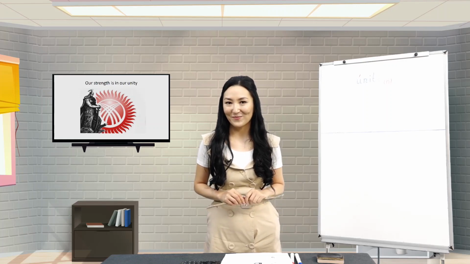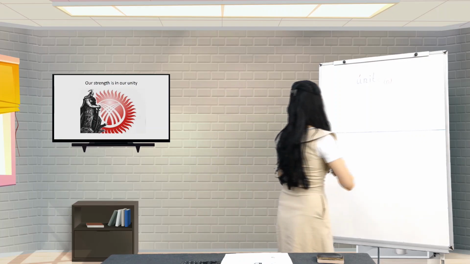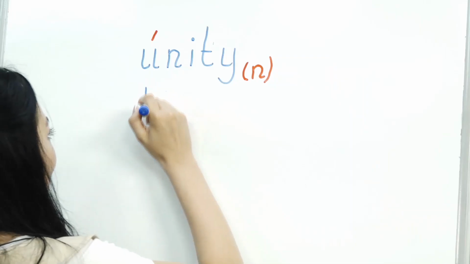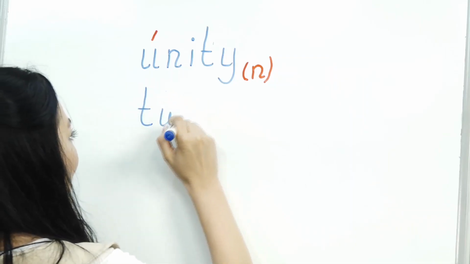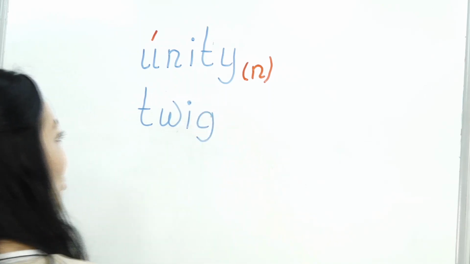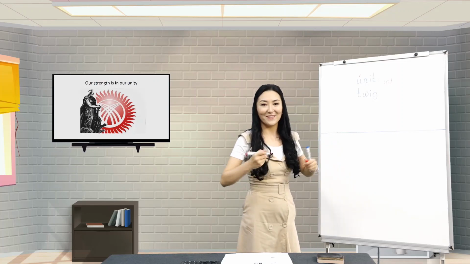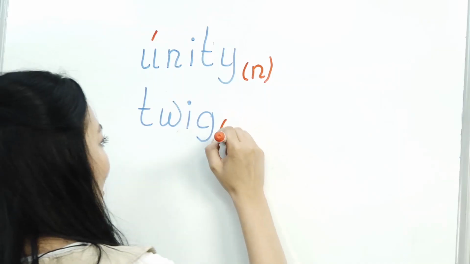How do we spell this word? T-W-I-G. Twig. Which part of speech is it? Right, noun.